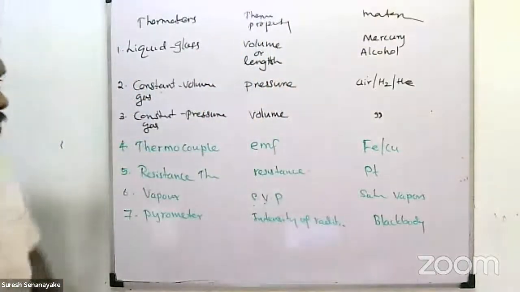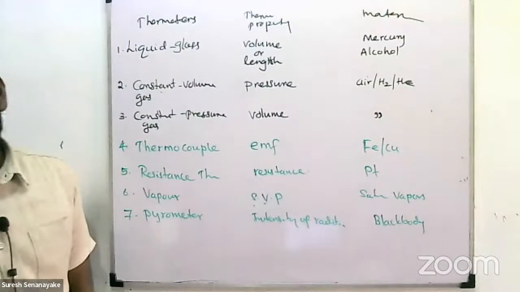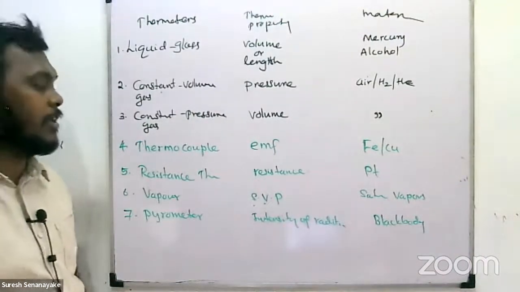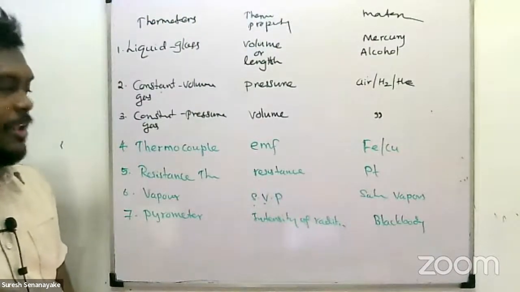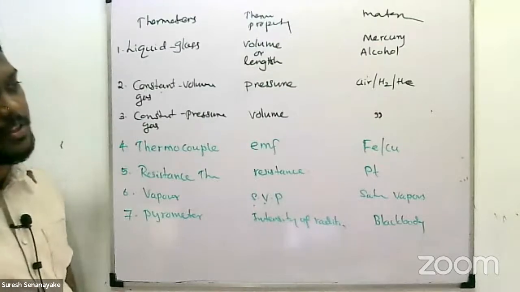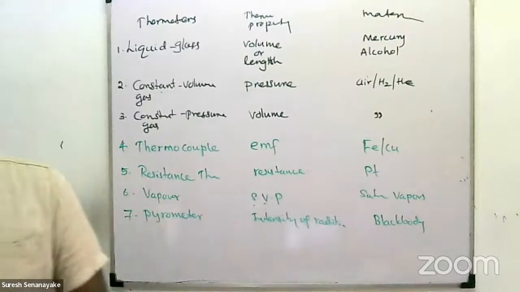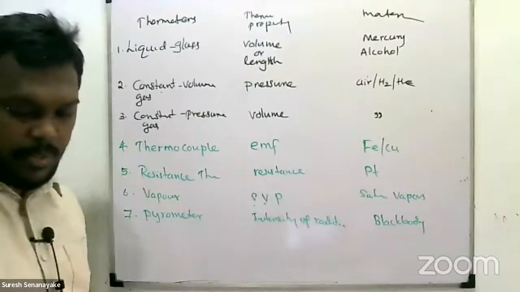They should satisfy some conditions to make it a thermometric property. It should change with the temperature. That means if it is a thermometric property, that property should change with the temperature linearly. Otherwise, if we use it as a thermometer and try to calibrate it, it's difficult, right?